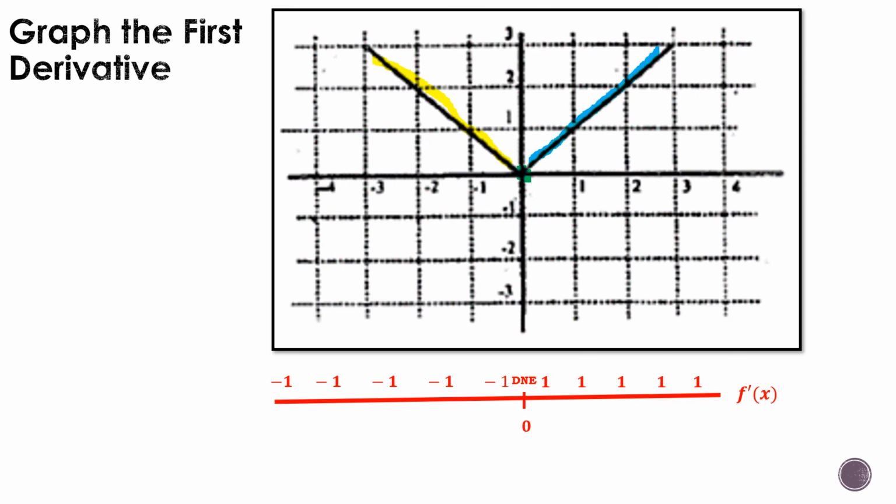So when you sketch this first derivative, the left side is y equals -1. It has an open point because it doesn't exist at 0. And then where x is greater than 0, y equals 1. And that's also open. I had to make sure to put an open point there because it does not exist. The first derivative doesn't exist at a corner.